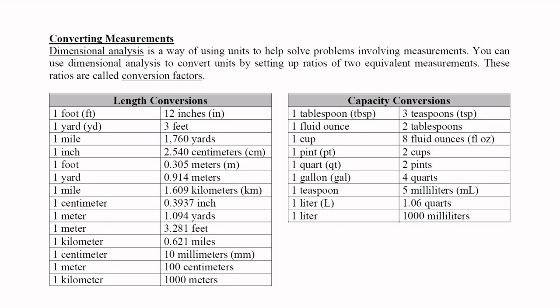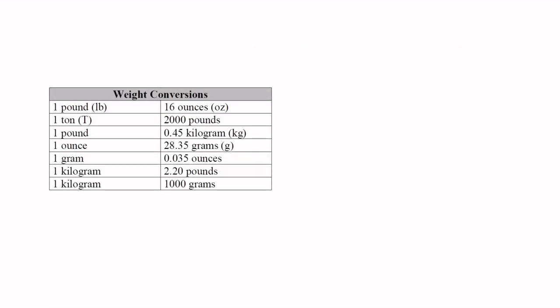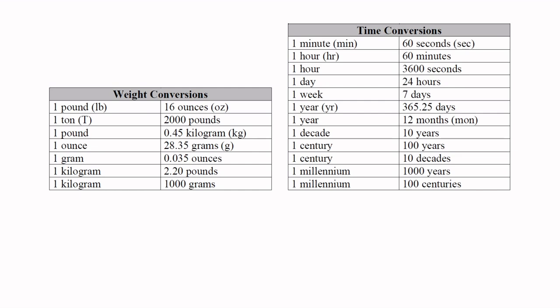And you'll notice in these tables that I not only provide conversions within the metric system and within the imperial system, but also from imperial to metric and metric to imperial. You've got a few of those conversion factors as well. We also have weight conversions, how many ounces are in a pound, how many pounds are in a ton, and so forth. And we also have your time conversions, okay?